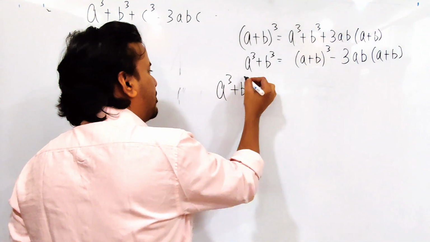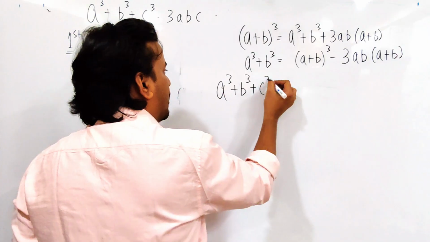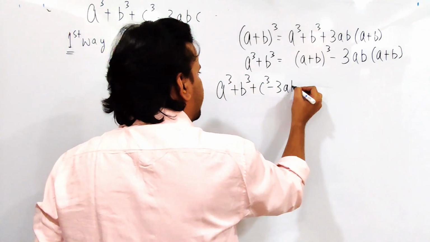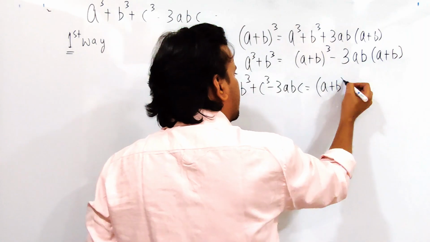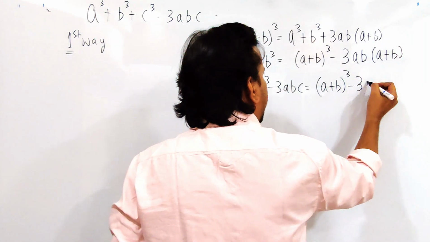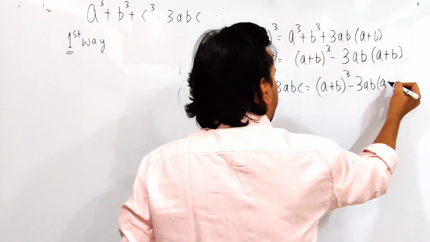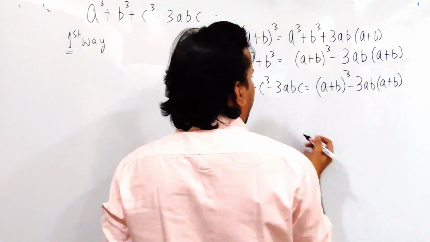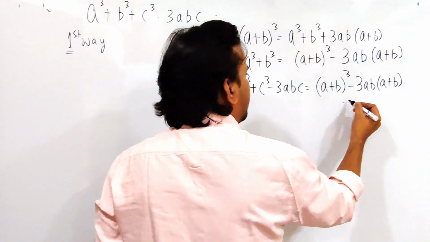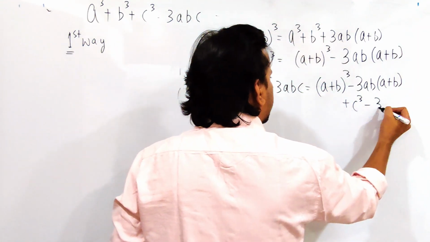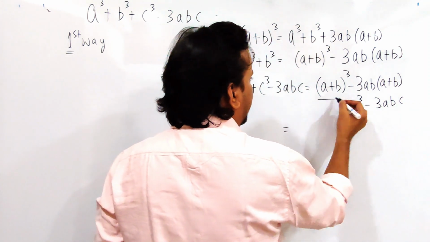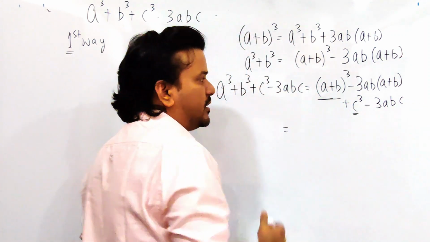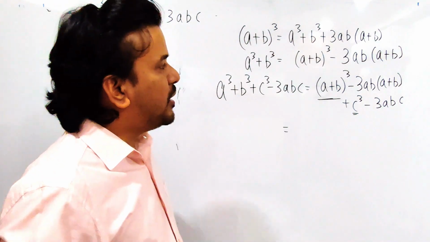Now a cube plus b cube plus c cube minus 3abc is (a plus b) whole cube minus 3ab multiplied by (a plus b), plus c cube minus 3abc. Now you can see we can club these two, (a plus b) whole cube plus c cube.